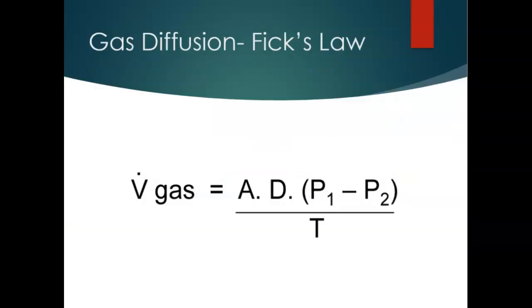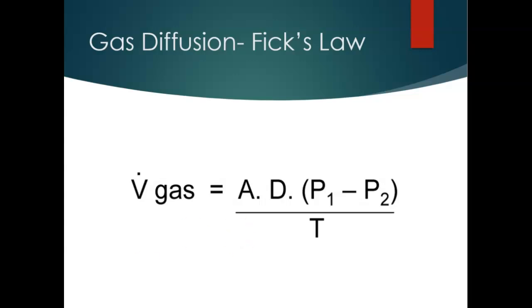Okay, so this brings us back to Fick's law. Fick's law was what we learned about last semester, that talks about the things that are going to affect the rate of diffusion. So V over here represents diffusion. A is our alveolar surface area, so how much of our alveolar membrane, how many alveoli we have in our lungs.